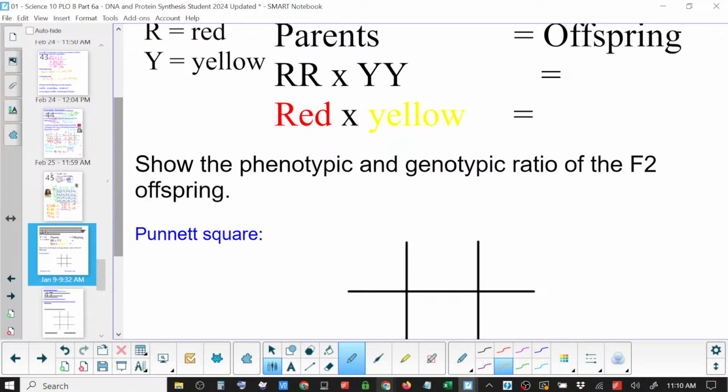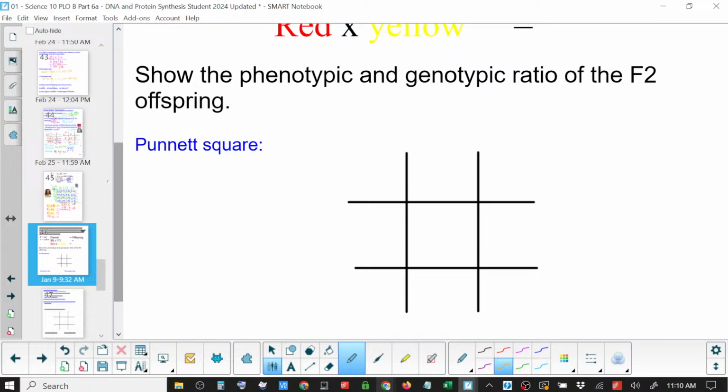R stands for red. Y stands for yellow. Show me the phenotypic and genotypic ratio of the F2 generation. So make the parents, then make the kids, and that's the result we want to see. So F1, F2.